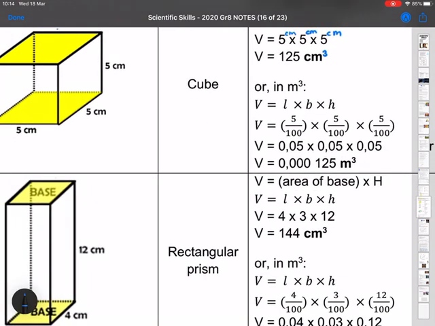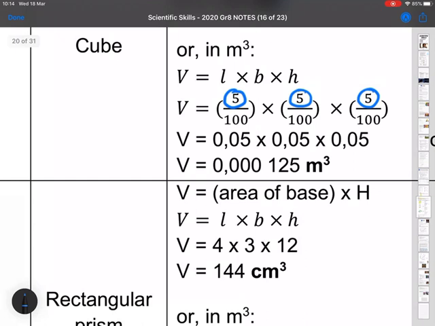Okay, if you wanted to convert that value from centimeters to meters, you would have to convert 3 times. This represents our 5 centimeters, 5 centimeters, 5 centimeters, but you need to do your conversion before you do your volume calculation. So 5 centimeters converted to meters, you would divide by 100, and you do that for each of your sides.